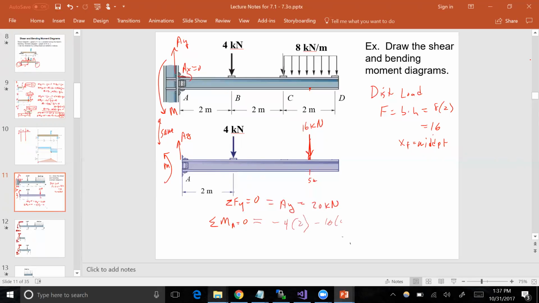Minus 16 times 5. Plus what? This is a reaction moment at A, let's call it MA. So our reaction moment at A must then be the sum of those. MA equals 88 kilonewton meters.